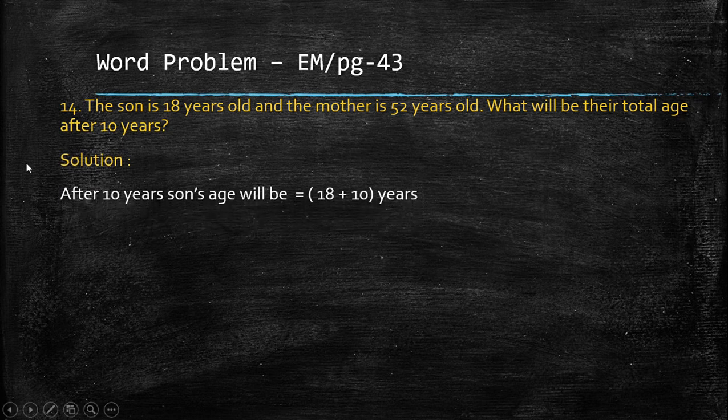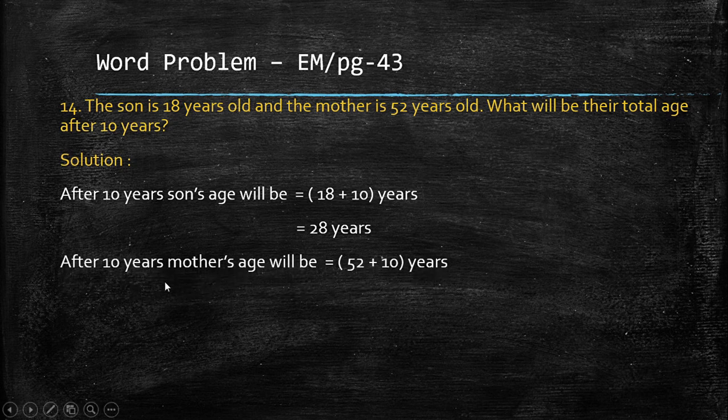After 10 years, the son's age will be 18 plus 10 years, so that is 28 years. And after 10 years, the mother's age will be 52 plus 10 years, and it will make 62 years. So after 10 years, the son's age will be 28 years and the mother's age will be 62 years. And what will be the total? Their total age.